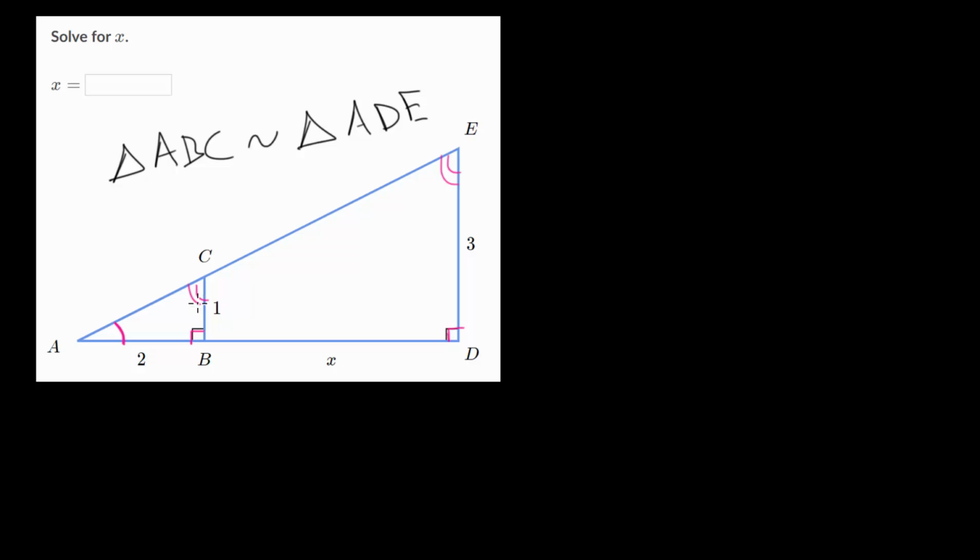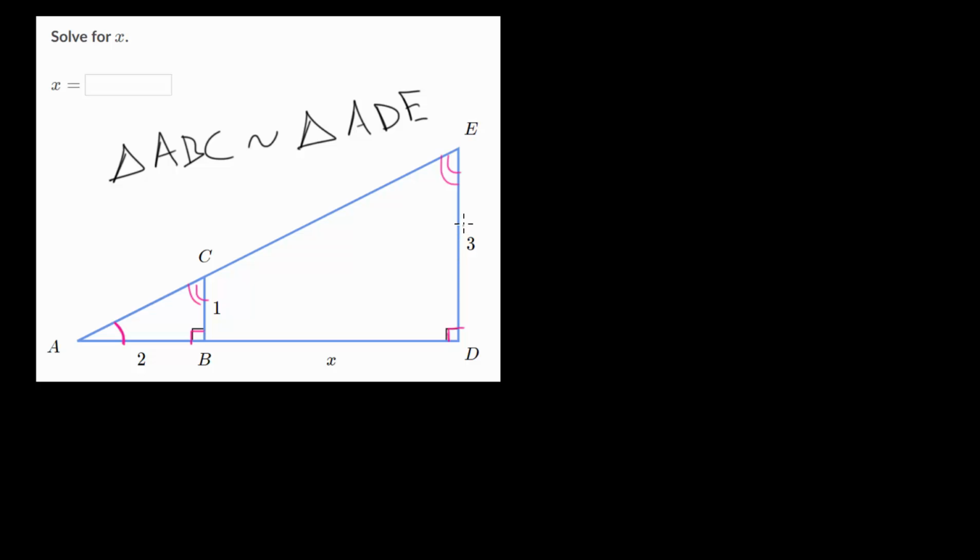Since remember that in similar triangles, the side lengths are proportional, meaning that if we start at the smaller triangle, each of these side lengths are multiplied by the same number to get the bigger triangle. So if we can figure out what we multiply by to go from the smaller triangle to the bigger one, then we can figure out missing side lengths. Or we can set up equations of proportionality.